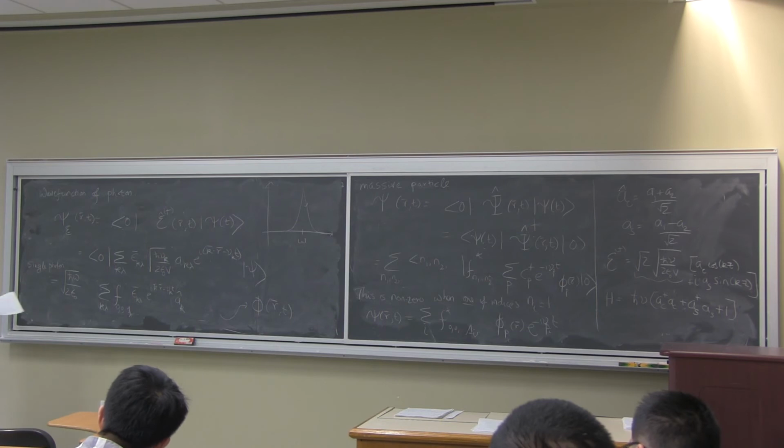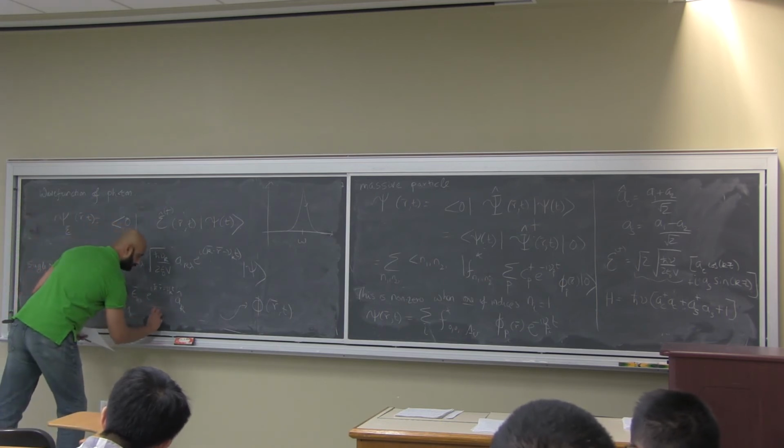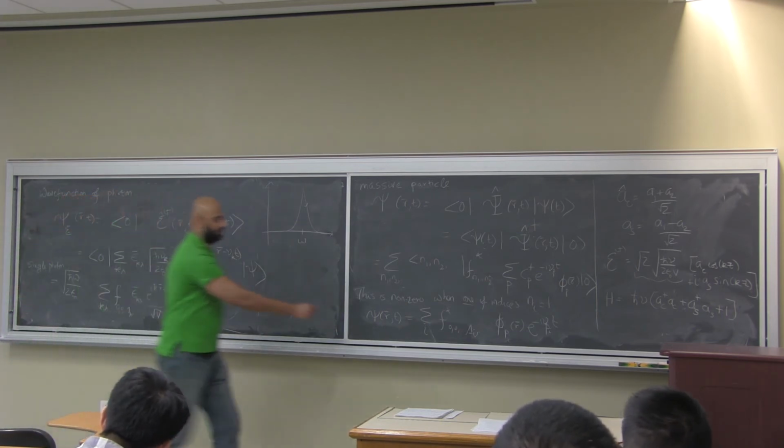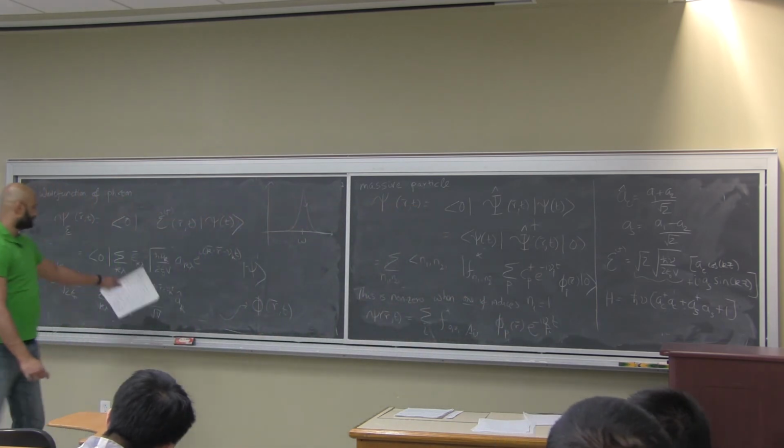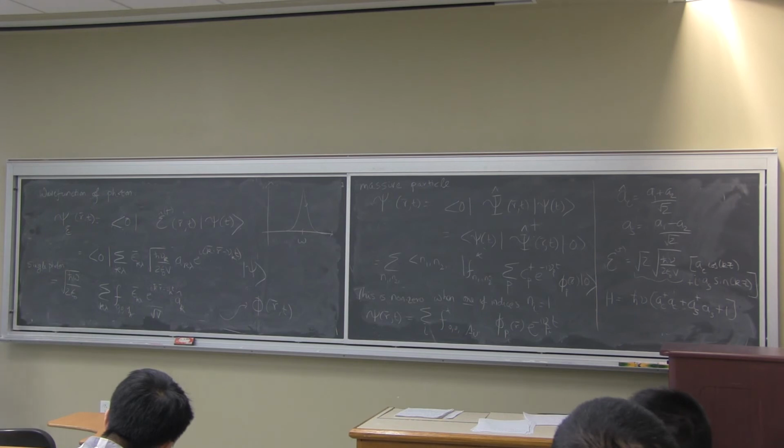Either way, both ways work. This is the square root of... This is the equivalent of this phi p of r, e to the minus i omega p of t, which is still over there. There's a polarization, of course, because these guys have polarization states, and that's our state over here.